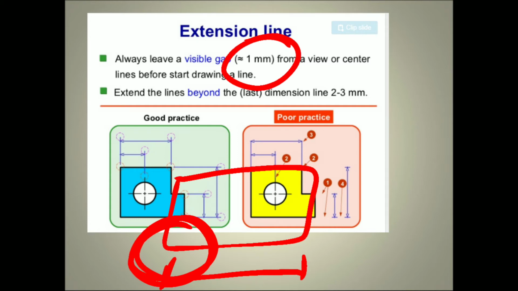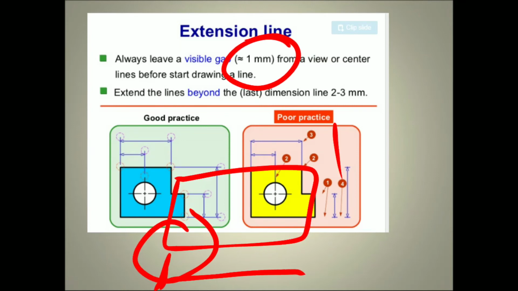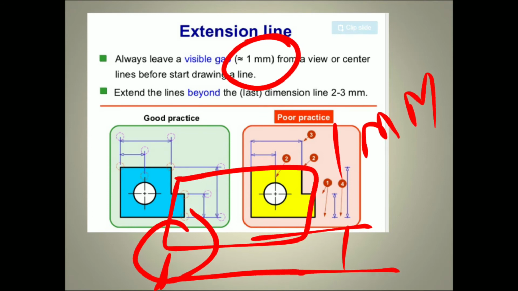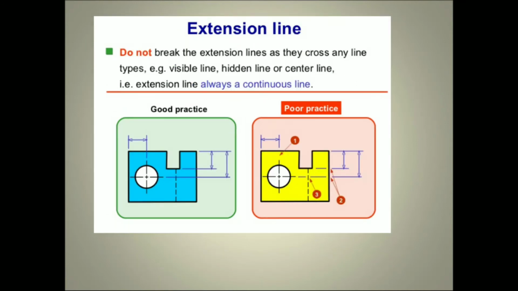Rule number 2: the extension line should extend 5 mm only beyond the dimension line, not more than 5 mm. So rule number 1 is the 1 mm gap between the drawing and the extension line, and rule number 2 is the 5 mm extension. 5 mm is enough for an extension line.